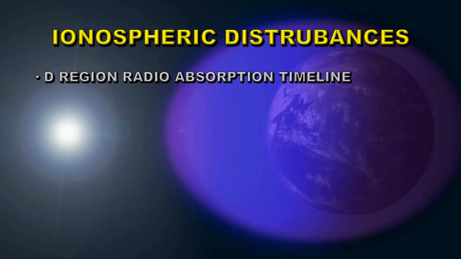One of the major effects of space weather is effects on communications, and particularly in the ionosphere. And D region radio absorption is a significant factor there.